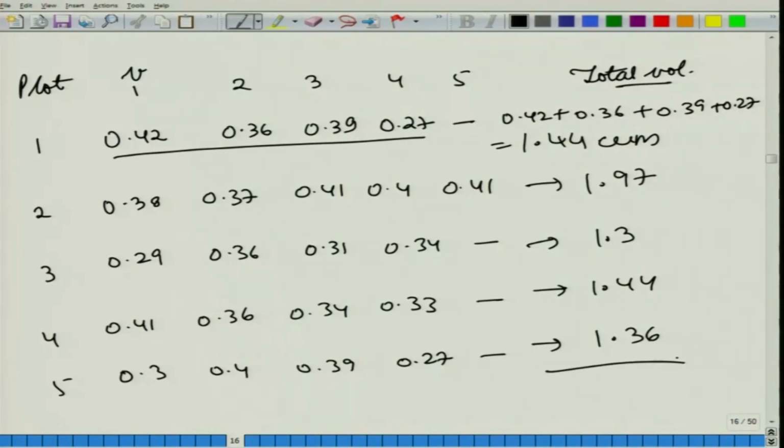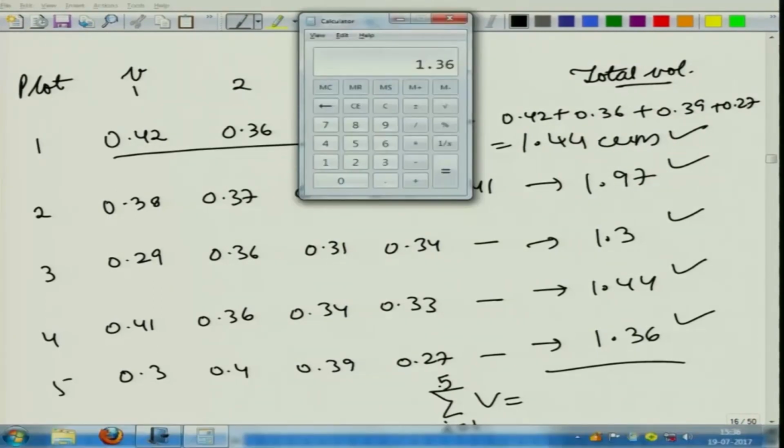So now we have 5 sample plots, and the volume of each sample plot has been calculated by adding up the volumes of each of the trees. Now what is the total volume of the 5 sample plots? Here we have the sum for i equals 1 to 5 of these values: 1.44 plus 1.97, 1.3, 1.44 and 1.36.